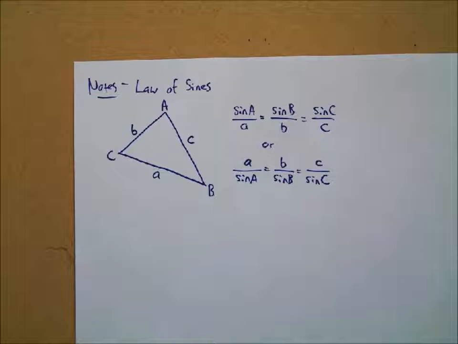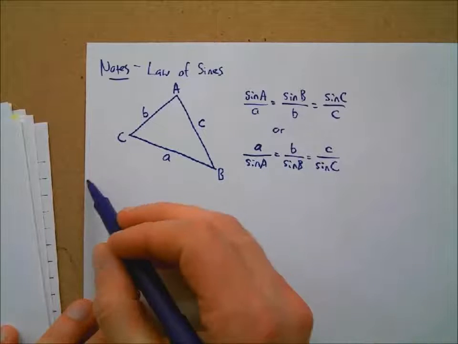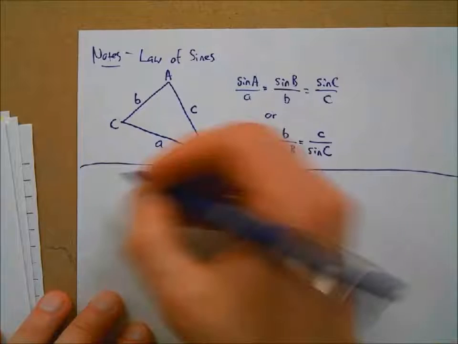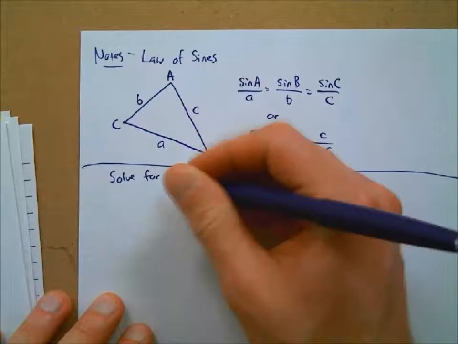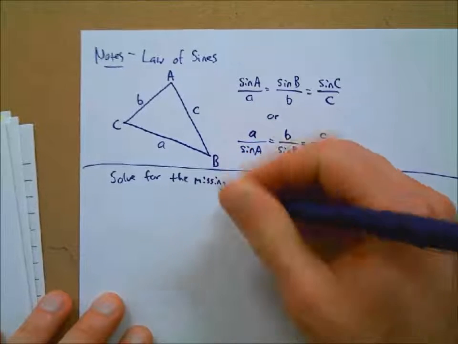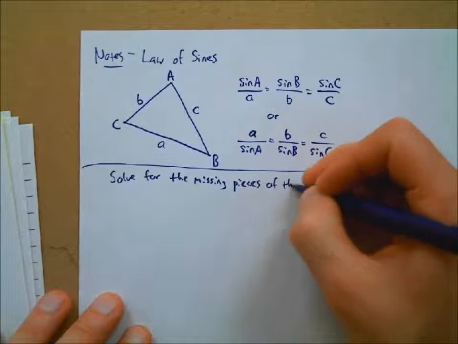So let's use this to help us solve for missing parts of our triangle. Okay. So first, we'll set up directions here. Let's solve for the missing pieces of the triangle.